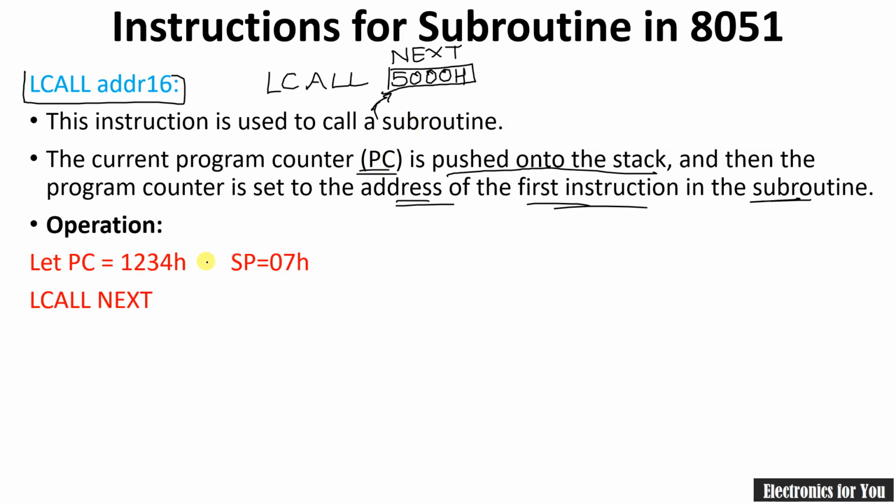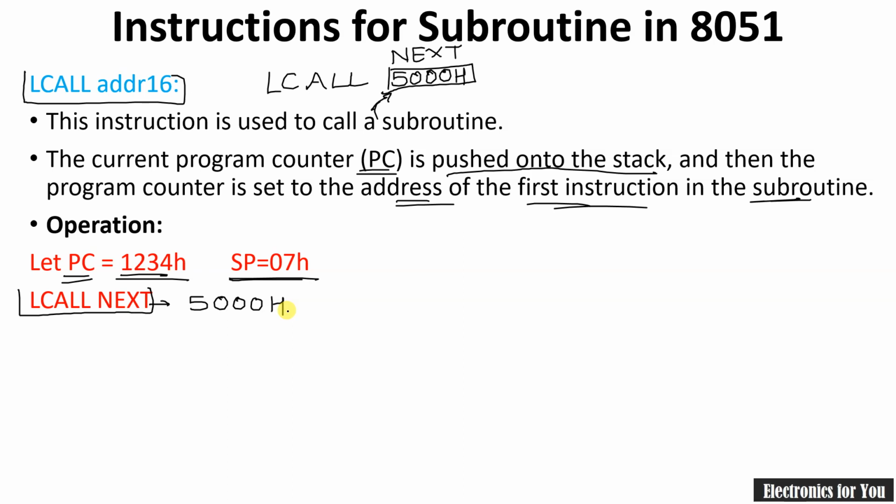Now let us explain this program. Let the program counter be 1234H and the stack pointer currently have the value 07H, and let the LCALL instruction be there. This NXT label is indicating, let it be 5000H, as previously stated.